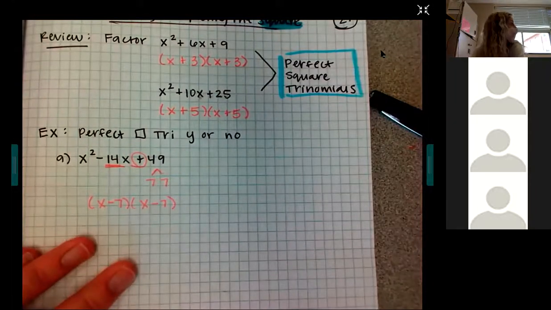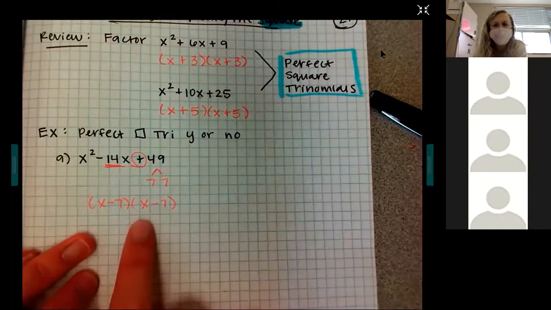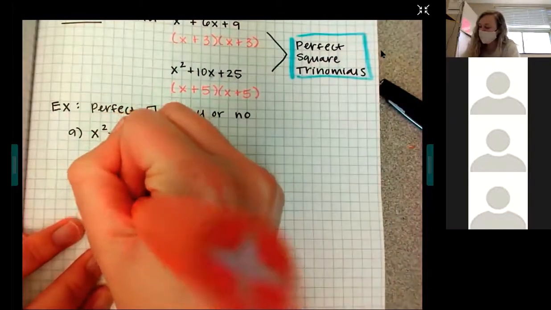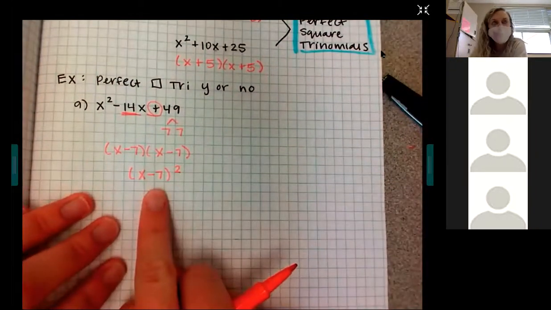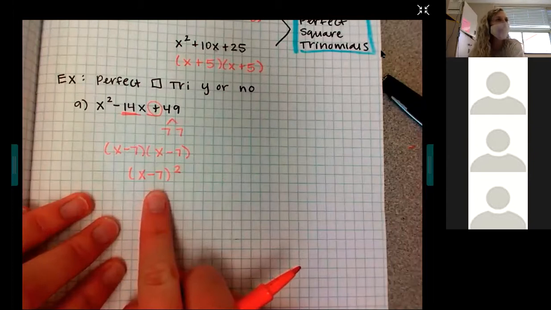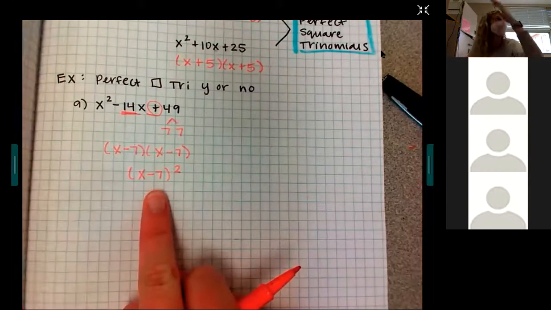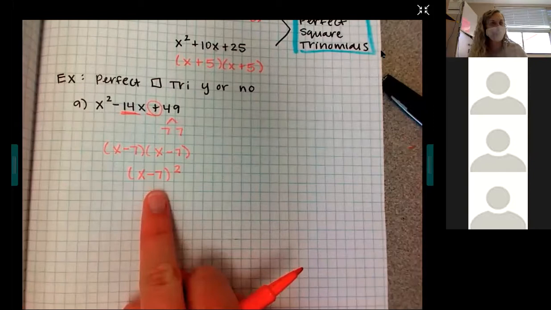Pay attention to that sign in the middle, okay? Now, what's another way you could write that? Yes. Ding, ding, ding. This is the whole purpose of what we're doing today. If you can write it like that, what can you use to get x by itself? A square root. So this is really all we're doing today, okay?